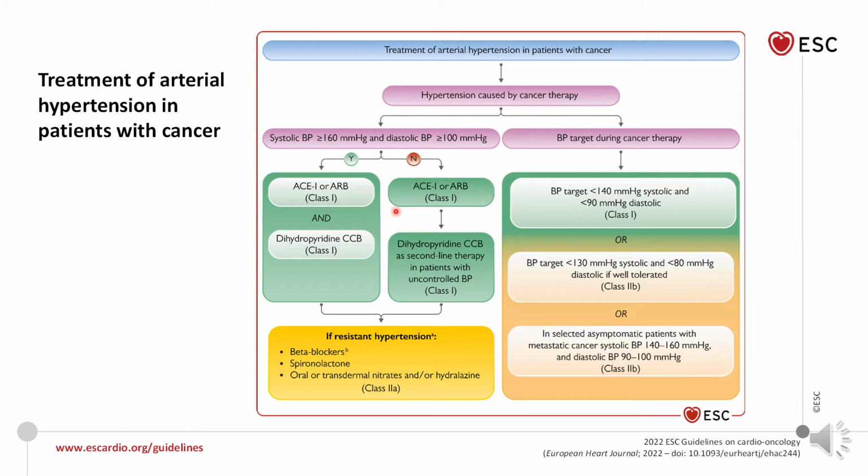If the patient has grade 1 hypertension, a single drug might be enough. An important issue here is it is better to avoid the non-dihydropyridine calcium channel blockers like verapamil and diltiazem, because they have a lot of drug-drug interactions.